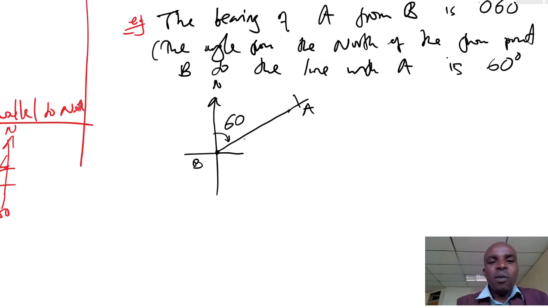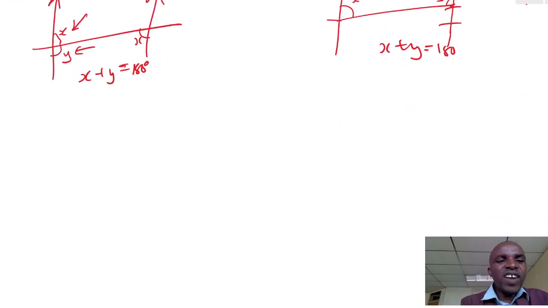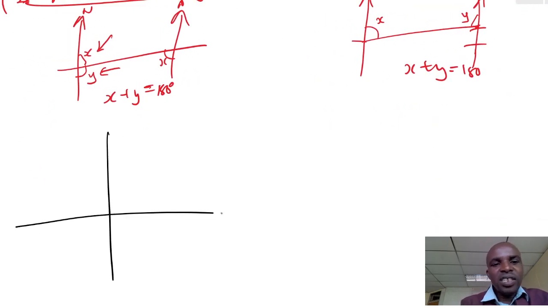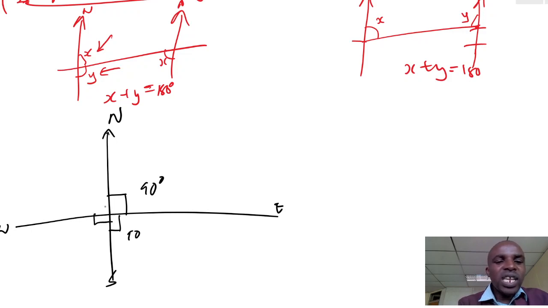Then why did I put my 60 here? It's like this. This is my four cardinal compass points: north, east, south, west. Between north and east is 90 degrees. Between east and south is 90. South and west is 90. Between north and west is also 90 degrees. Then this range I can say is my first quadrant, this one the second, this one the third, this one the fourth.